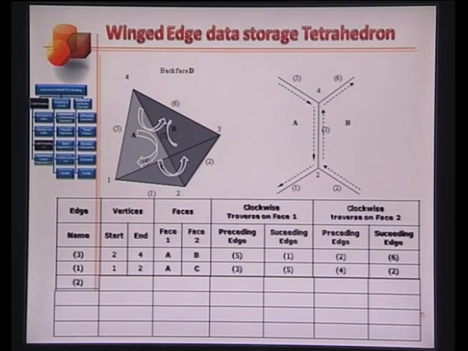Now for edge 2, the vertices are 2 and 3. Two faces incident on edge 2 are B and C respectively. On face B, if you again know the clockwise orientation, the preceding edge is 6 and the succeeding edge is 3. On face C, the bottom face, the preceding edge is 1 and the succeeding edge is 4.